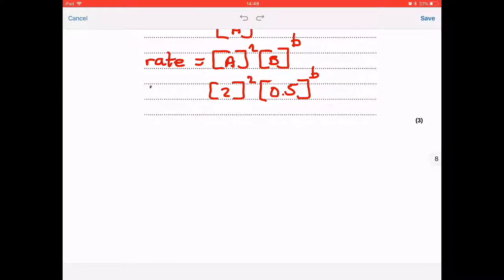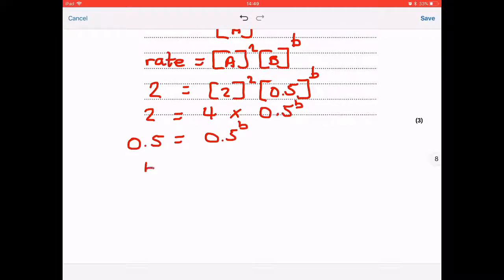So again, we're going to input 2 as the value for rate. And there we've got an equation that we're able to rearrange in order to find b. So 2 is 2 squared, which is 4, times 0.5 to the power of b. If you divide both sides by 4, that leaves us with 0.5 equals 0.5 to the power of b, and therefore b equals 1. So our rate equation becomes rate equals k[A] squared [B] to the power of 1.